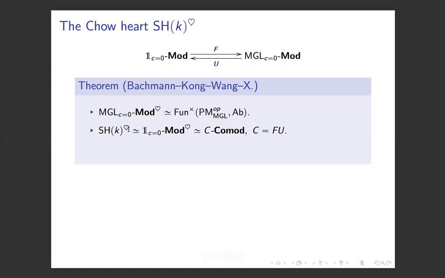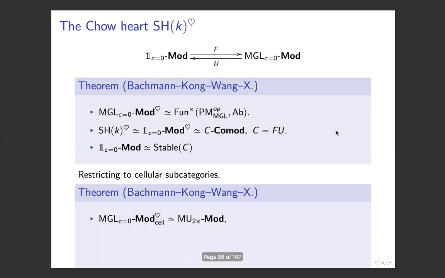And the Chow heart on the whole category will be the same as the heart on the whole modules over this cofiber of tau object. The first description we give is that it's going to be comodules over this comonad C, which is given above. And then we also identify the modules over the cofiber of tau as a purely algebraic category. They correspond to the derived category or stable modules over this comonad.